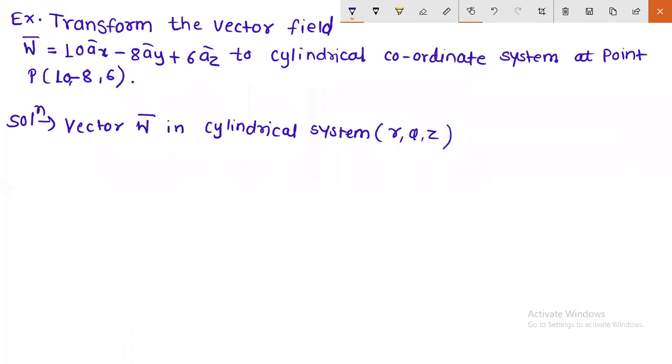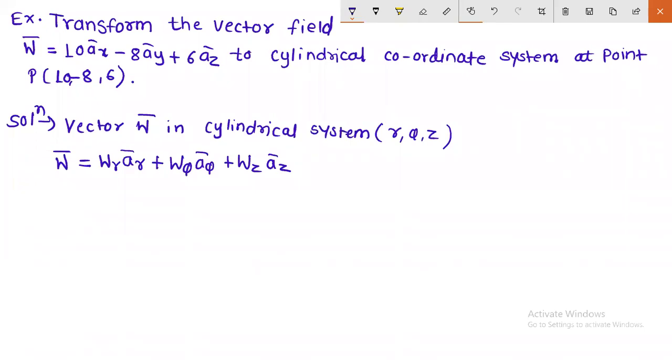So we can write w bar is equal to wr into unit vector a bar r plus w phi into unit vector a bar phi plus wz into unit vector a bar z. In this way we can write the vector.